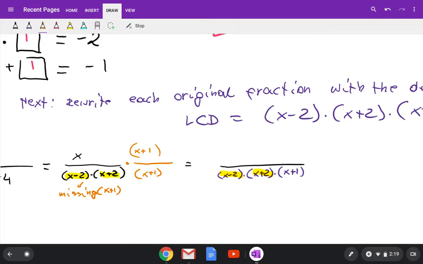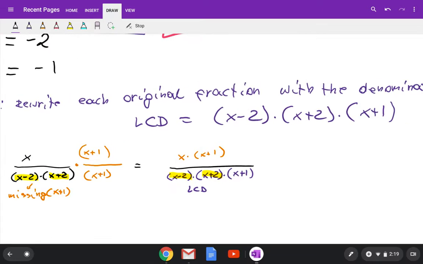So as you see, we're not changing anything, because technically you take your original fraction and multiply by 1, because x plus 1 over x plus 1 is 1. So that becomes numerator times numerator, x times x plus 1. And the denominator we just built becomes your LCD. You can simplify that using the distribution property, so x times x is x squared, x times 1 is x.